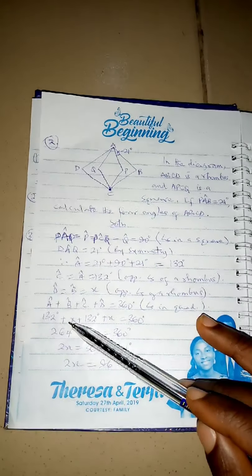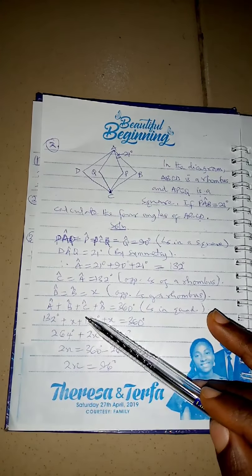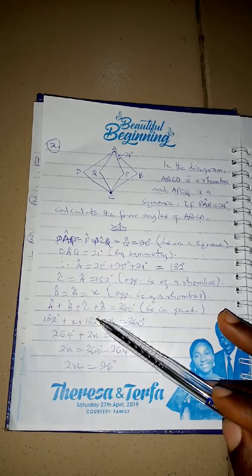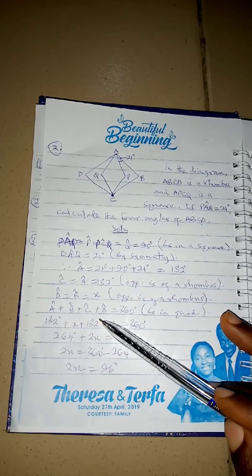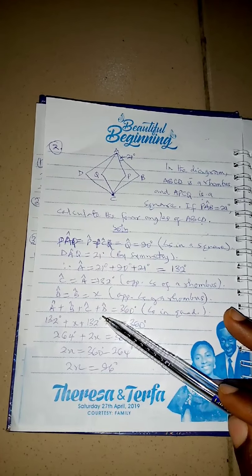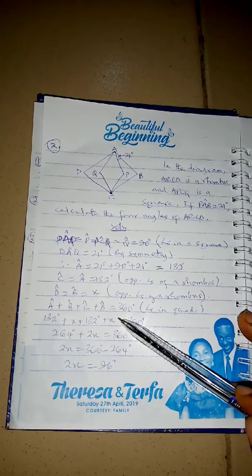Angle A is 132 degrees. Angle B is what we call X. We don't know it. Angle C is 132 degrees, the same as angle A because the opposite angles of a rhombus are equal. Angle D is X because the opposite angles of a rhombus are equal.